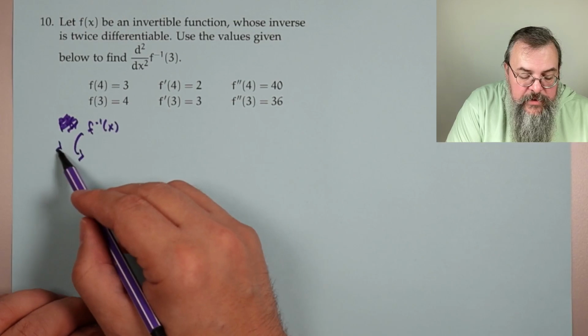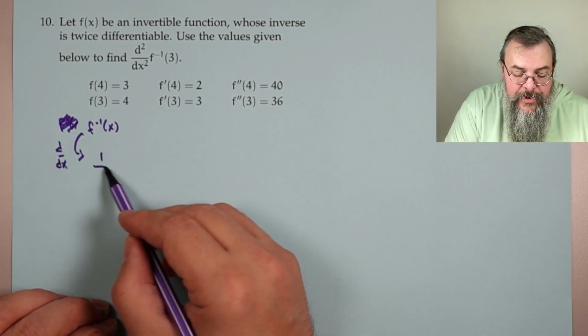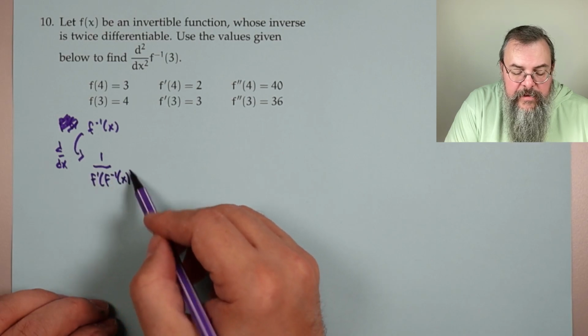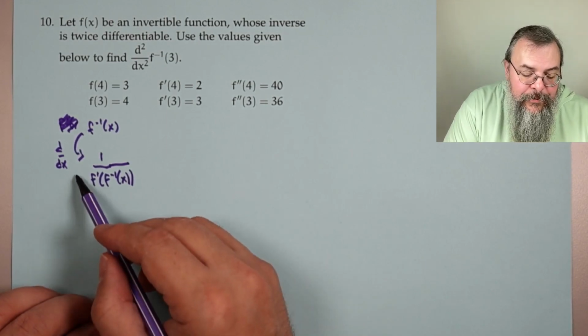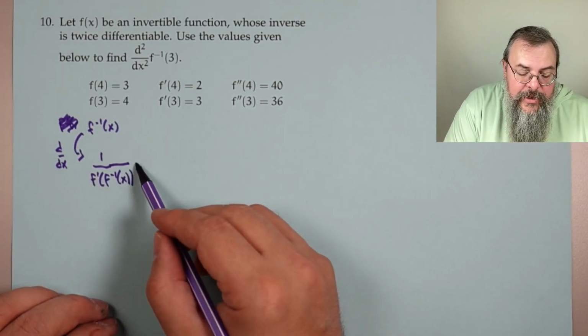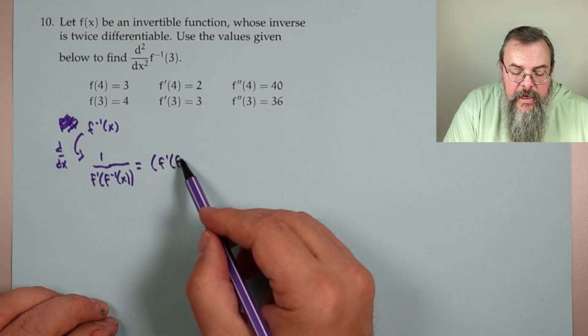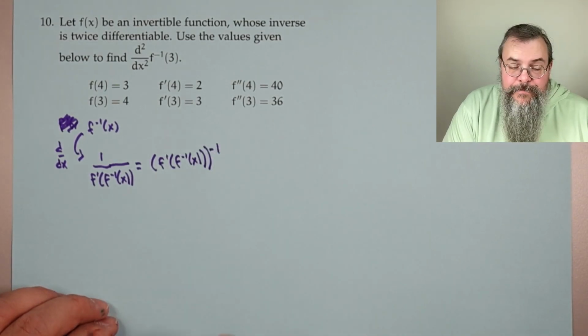Take one derivative. And what do you have? Well, there's a nice rule for this, 1 over f prime of f inverse of x. Okay, there's our formula for the inverse. Now, take another derivative. Well, notice this can be written as f prime, f inverse of x to the minus 1 power.